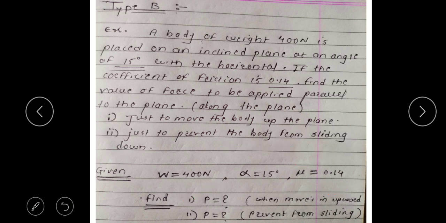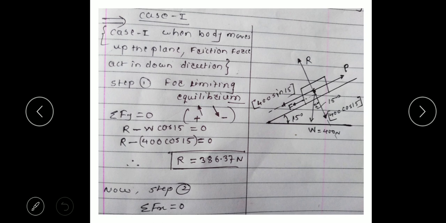Now comes the real solution. We follow two steps. Step 1 is the summation of vertical forces, and step 2 is the summation of horizontal forces. When the body moves up, we need to draw the diagram first. Here is the diagram.